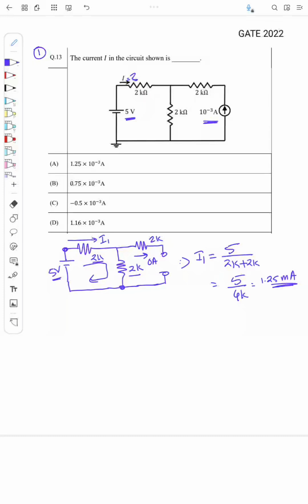Similarly, this is due to source 1, and now I'll take the next source, source 2. Here I need to find the current I due to the current source of 1 milliampere.